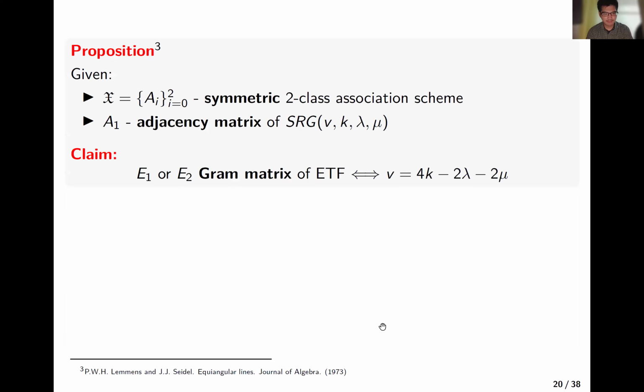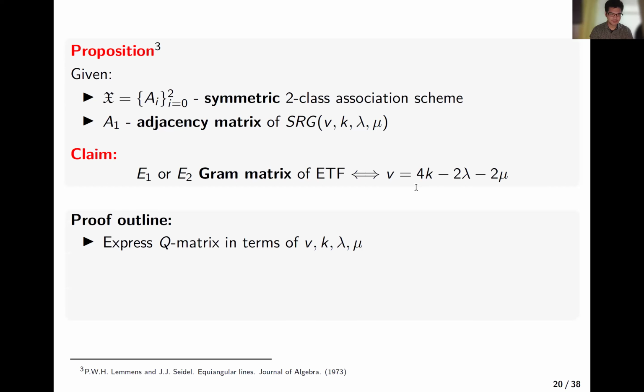And here we have a result essentially by Lemmens and Seidel that we recover through this perspective of getting the idempotents from an association scheme. So we have a symmetric two-class scheme so that the adjacency matrix A1 is that of a strongly regular graph. Then E1 or E2, the primitive idempotents of my scheme, are Gram matrices of ETFs precisely when the strongly regular graph satisfies this equality in its parameters.